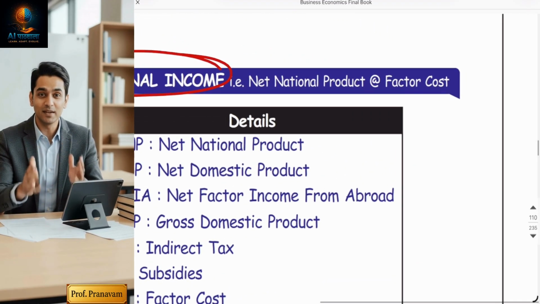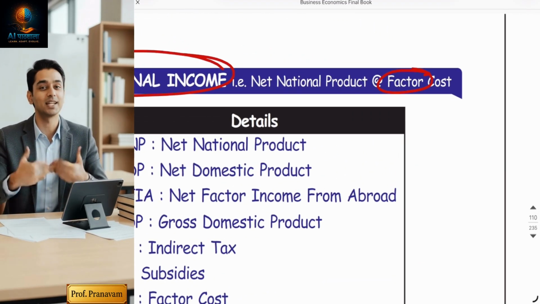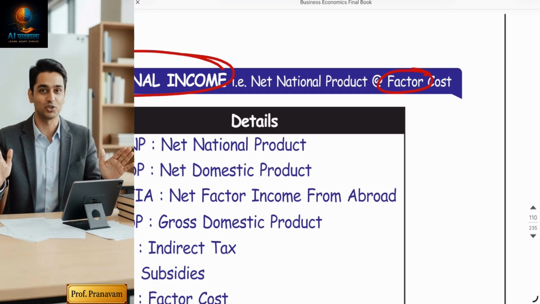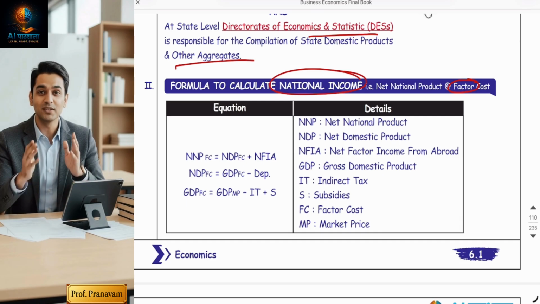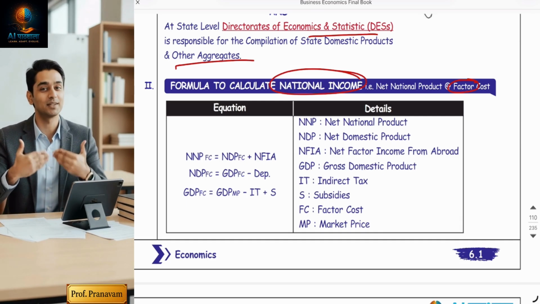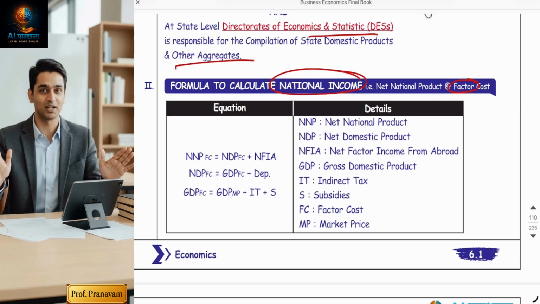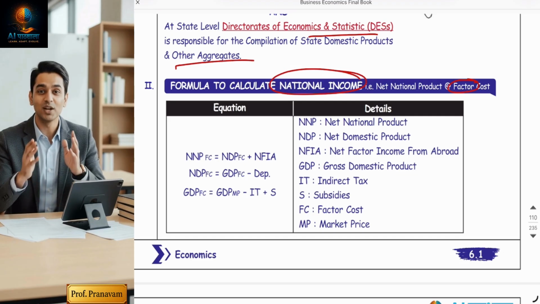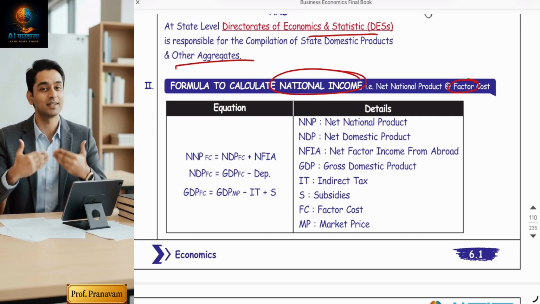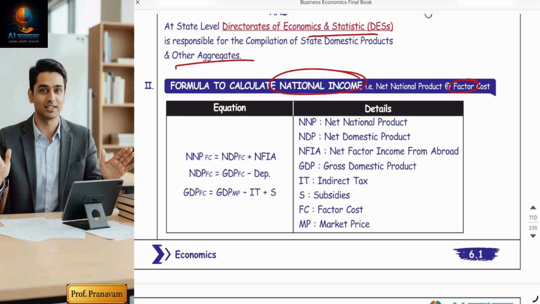So guys, this population is actually called factors. Means you, me, we all have only four sources of income: land, labor, capital, entrepreneur. From land we get rent, from labor we get salaries and wages, from capital we get interest, and from business we earn profits.